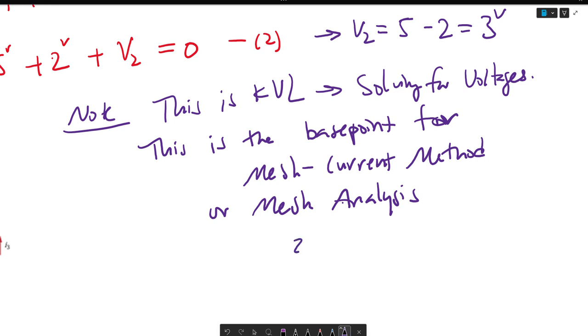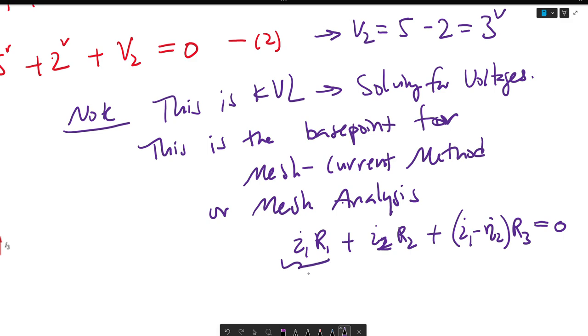So we write things like I1 times R1 plus I1 times R2, plus I1 minus I2 times R3 is equal to 0, where this is voltage 1, this is voltage 2, and this is voltage 3, equal to 0. So we're solving for voltages. It's key to note that KVL is a fundamental principle, or a base point, when using things like the mesh analysis method.